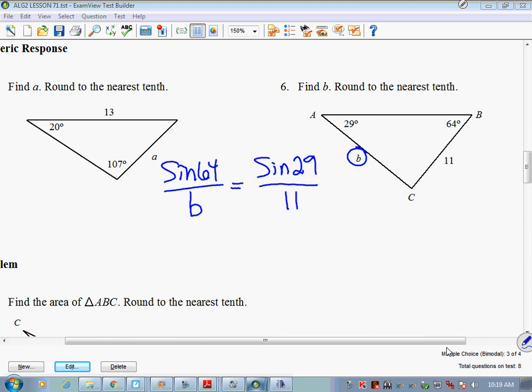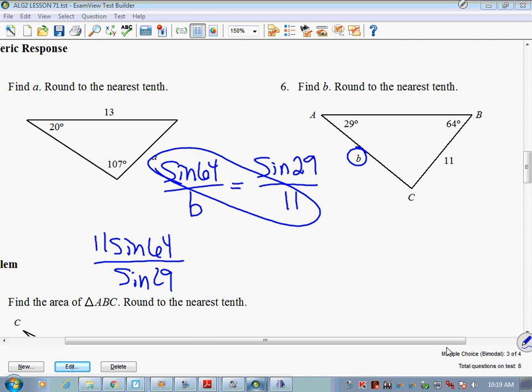Dom, how am I going to rewrite this so that I can solve it? Okay, so we're going to multiply 11 times sine 64, and we're going to divide it by sine 29. Okay, cross multiply and divide.